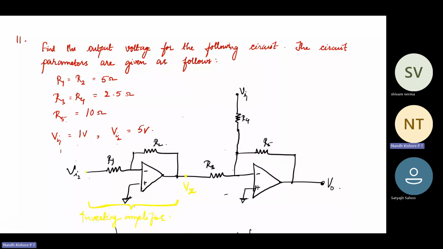So Vx is coming over here and you see that there are two inputs to this op amp. Vx is one input to the op amp and Vi1 is another input, to op amp number 2. Which means this is going to be some kind of summing amplifier, an adder or subtractor circuit, based on what operation it's going to do.